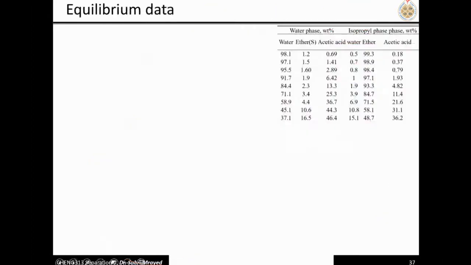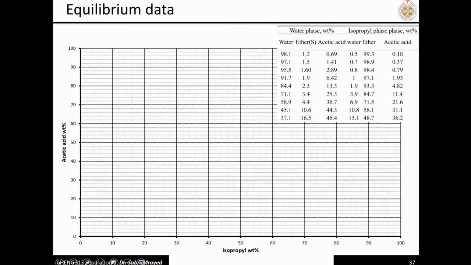Now, when you draw these two lines, you're going to use this diagram, very simple, straightforward. And then you're going to have this water phase, which is here 100% water. And you draw this line point by point.